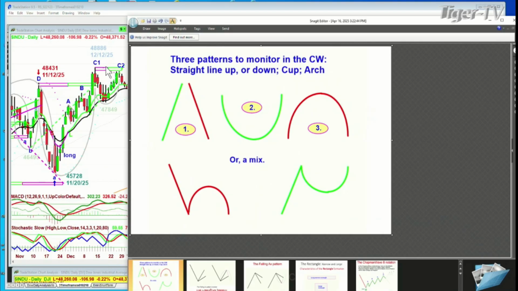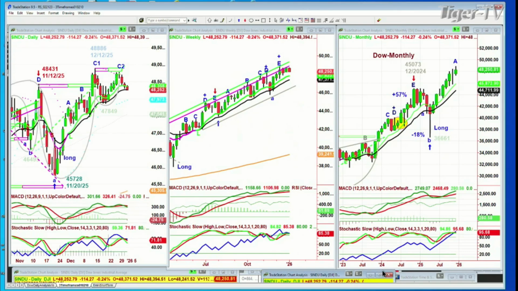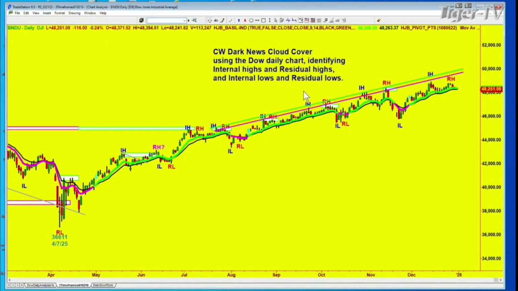That time you've made a peak C1, C2, double top in the Dow, and I'm anticipating, and now I'm going to bring this up, that we're looking at Chapman Wave dark news cloud cover using the Dow daily chart, identifying internal highs and residual highs and internal lows and residual lows. Internal high, residual high, internal low, no residual low, it just went powering up.